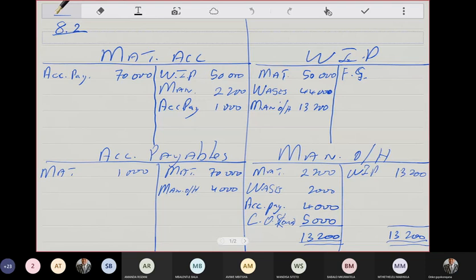But in this question, because they wanted you to work out your manufacturing overheads, they provided you with these values one by one. So you need to calculate again your manufacturing overheads. How are we going to calculate our manufacturing overheads? Anyone who can guess for us?